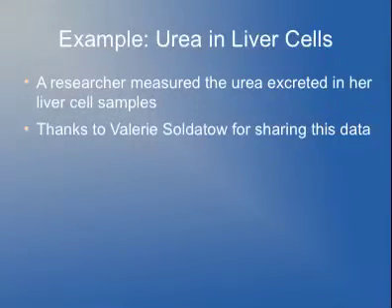So we're going to go into an example here of quantitative data using urea in liver cells. A researcher measured the urea excreted in her liver cell samples. That's hard to say. And we got this data from Valerie Soldato.